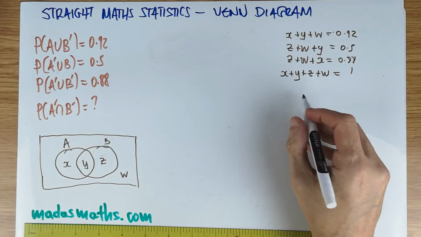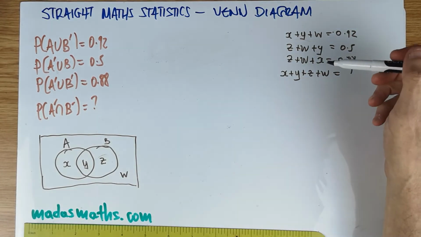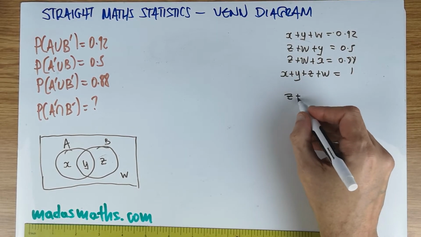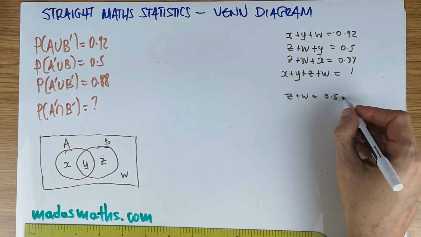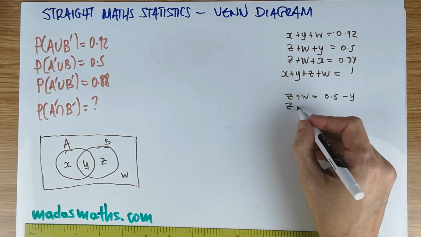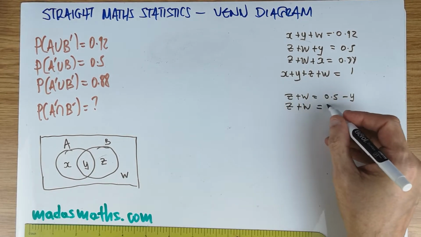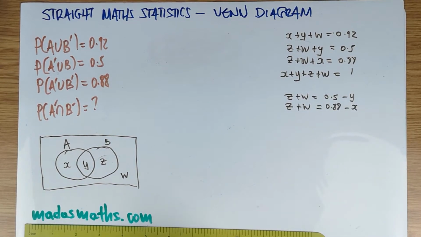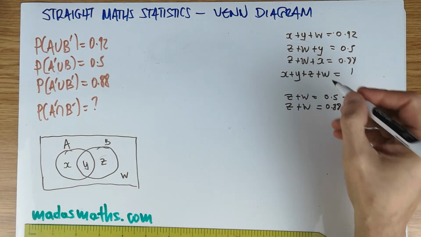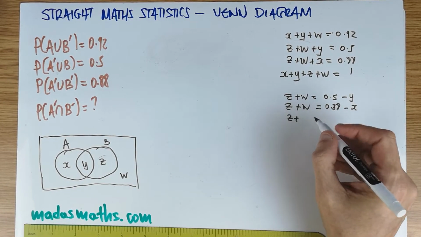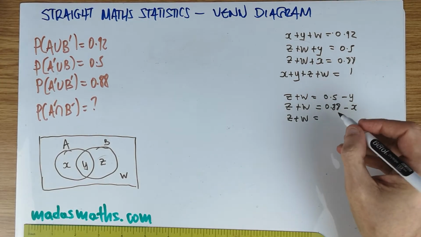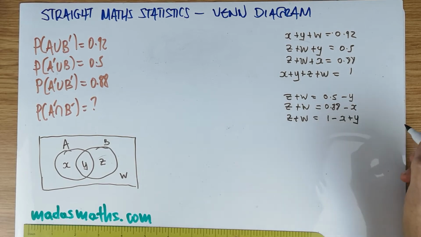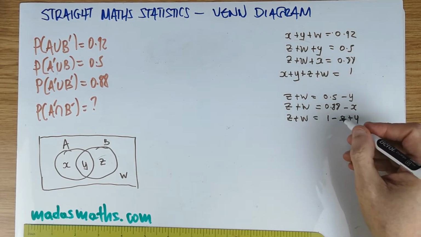For example, if you look at this particular equation, we have Z plus W is 0.5 minus Y. Z plus W from that equation is 0.88 minus X. And from this one again, we have Z plus W, and Z plus W now is 1 minus (X plus Y).